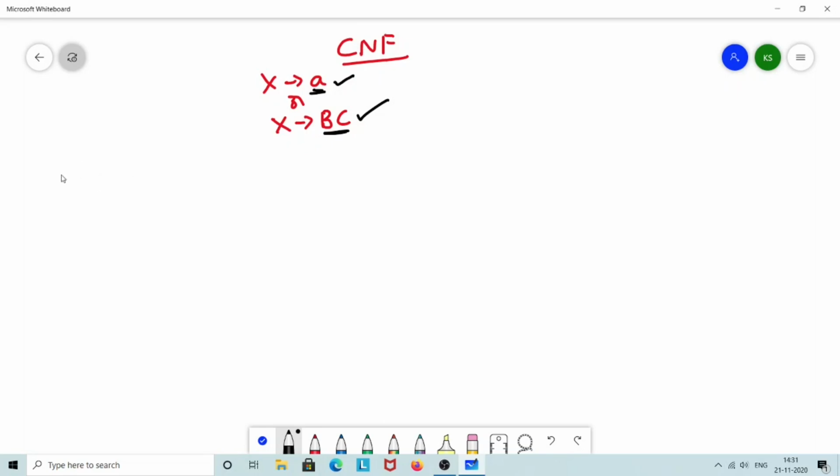Since a context-free grammar can have anything on the right-hand side, somehow we have to make sure that it ends up in one of these two forms. So what if I have a rule that gives epsilon? Obviously this is not accepted in Chomsky normal form, so this should be eliminated. That is the first step we do: we eliminate epsilon productions.